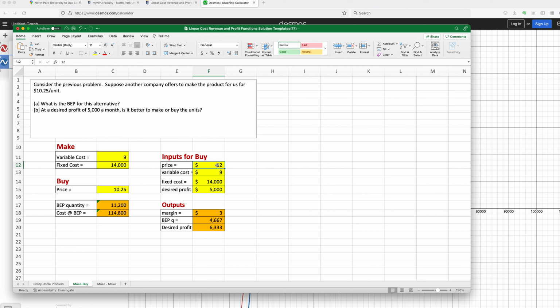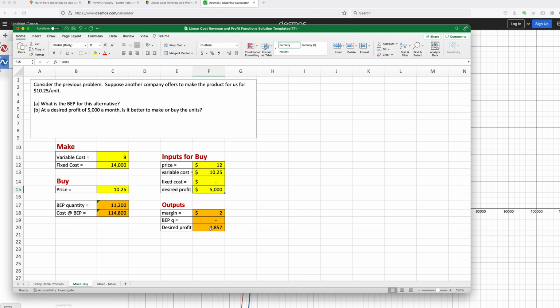My price, I'm going to sell it for 12, but now it's going to cost me $10.25. And again, I have to increase the decimal place. My fixed cost is 14,000, and my desired profit is 5,000. Well, actually, I don't have fixed costs anymore because I'm buying it from someone else. So I make my fixed cost 0. So my break-even quantity is 0 now.